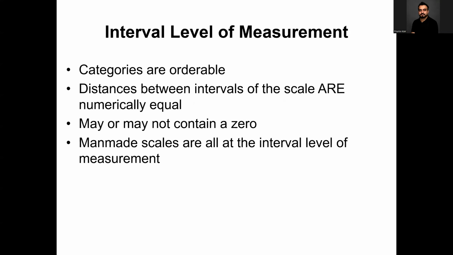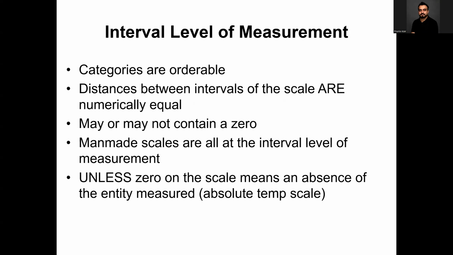Man-made scales are all at the interval level of measurement. For example, we have different scales. We have different types of surveys, like self-efficacy, self-esteem, or Likert scale. Those are scales that are in interval level of measurement.